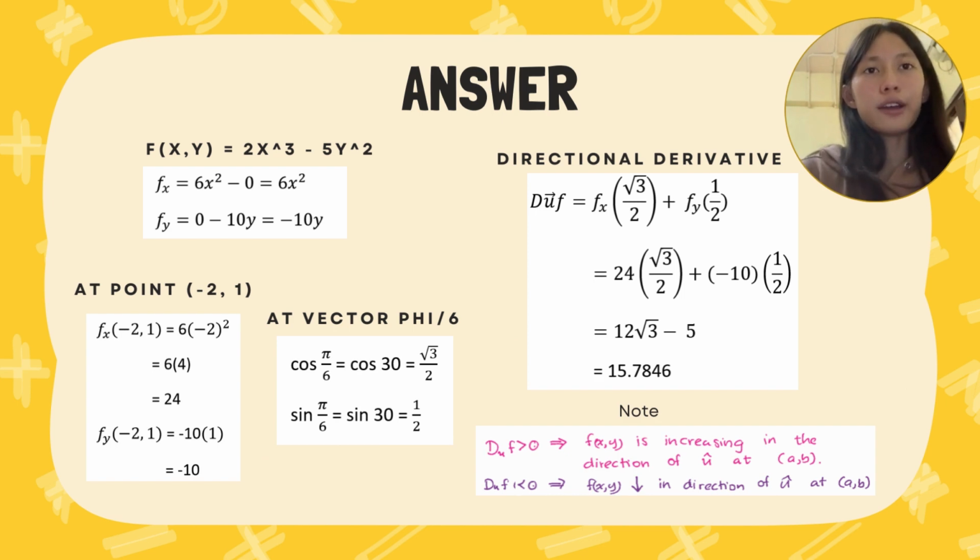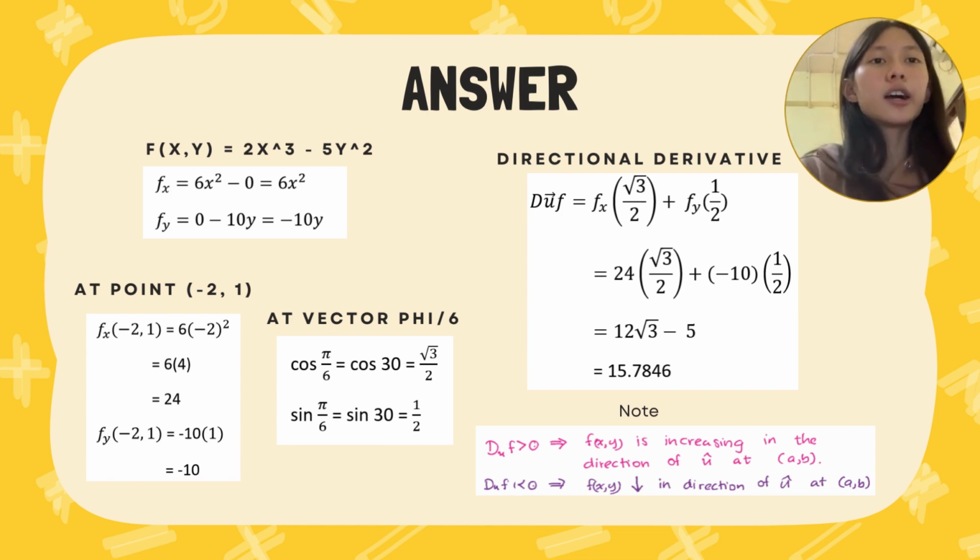Now we need to find the values of fx and fy at the point, −2 for x and 1 for y. fx will become 6 times (−2)², or 6 times 4, equal to 24, and fy will become −10 times y, which is 1, so just −10.